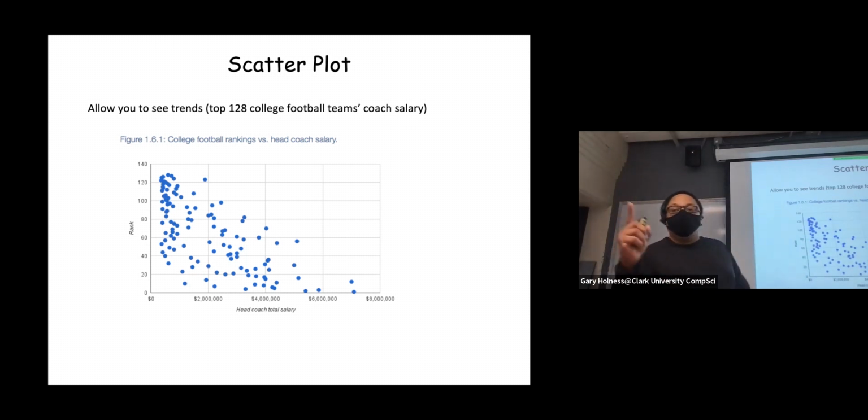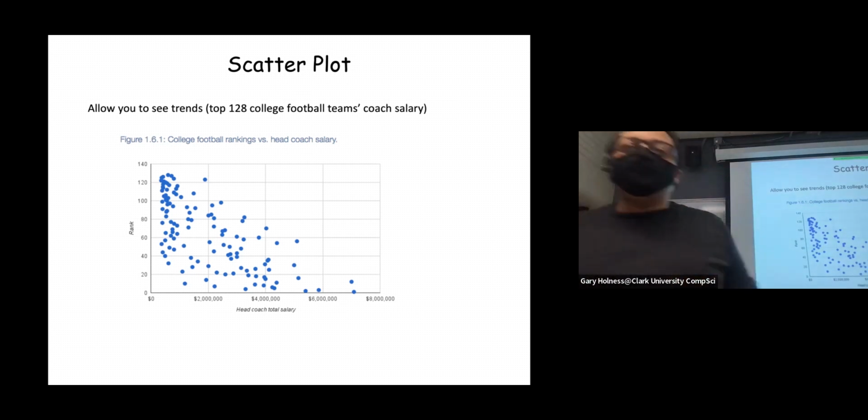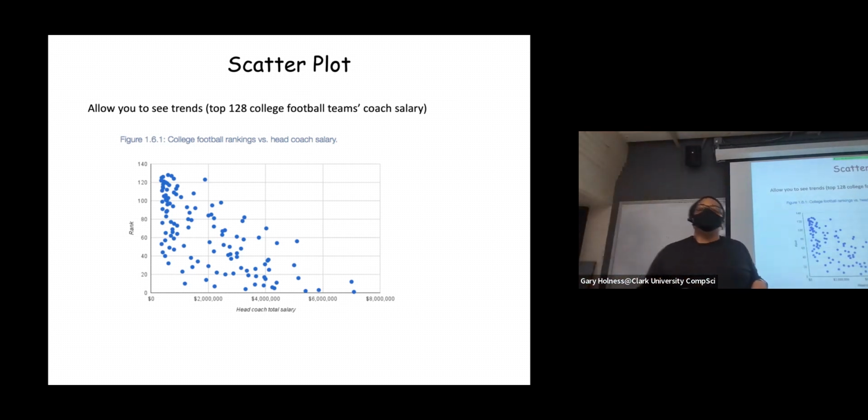Because you're used to saying number one, number two, number three. In this case, you'll notice the lower ranked teams have a higher value along the vertical axis. The higher ranked teams have a lower value. And so lower in this graph means they're a better team. Their ranking is higher, right? It's a little bit weird to reverse it, but that's the way they've chosen to do this.